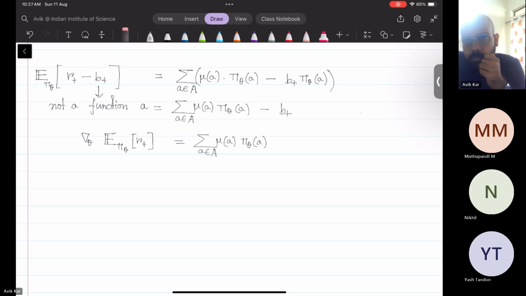They're basically the same. I'm giving the answer anyway, so this is the reason why they're the same. If you take the expectation of the terms, how is the expected value of RT minus B times the gradient related to the expected value of RT times the gradient?